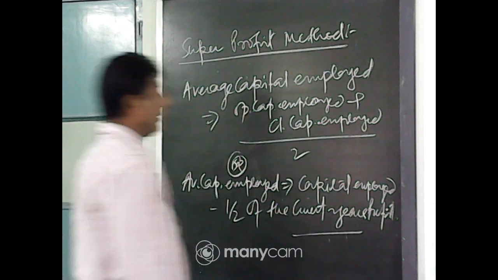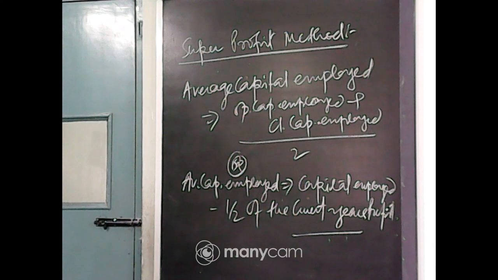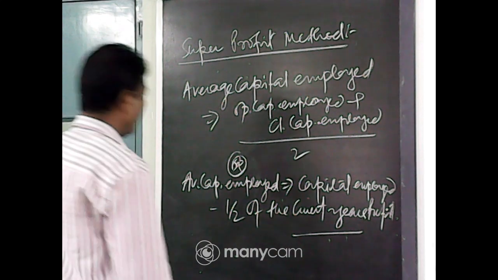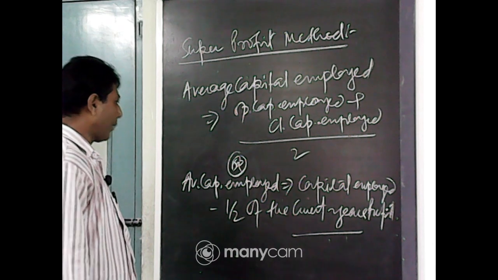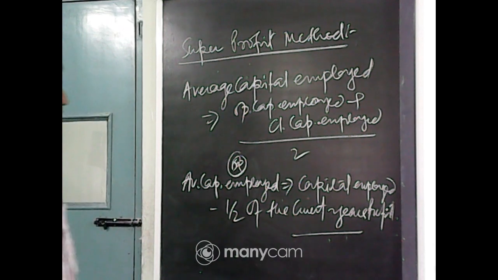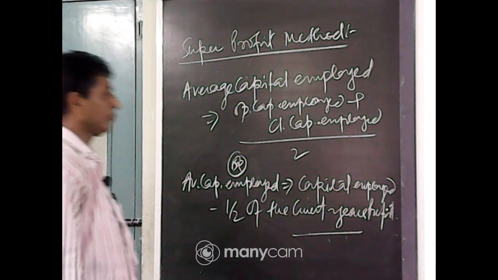The average capital employed is equal to opening capital employed plus closing capital employed divided by 2. Or average capital employed is equal to capital employed minus half of the current year's profit.